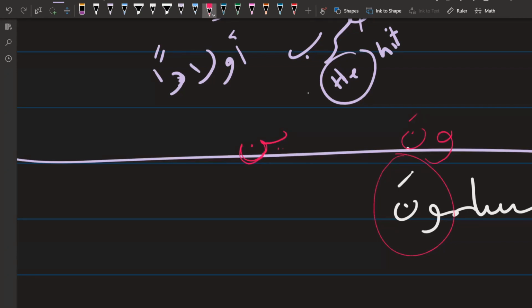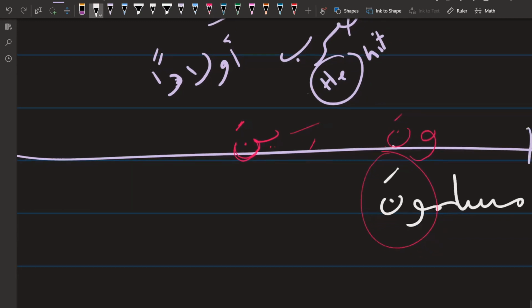So you're thinking, subhanAllah, we had ya and noon in the dual as well, right? Kitabani, kitabayni, ya and noon. So be careful here. Be very, very careful. The other one was ayni. Here it is ina. So whatever comes before will get a kasra. The other one, whatever came before, will get a fatha, and then you will have kasra on the noon. Okay, so inshallah, we'll compare the two later. So here it will be ina.